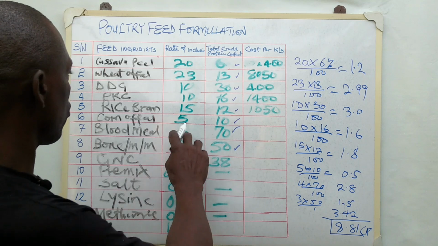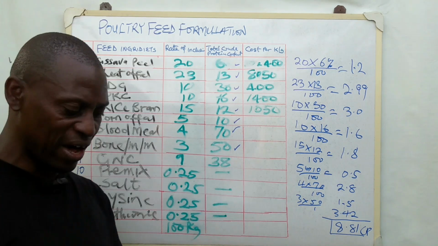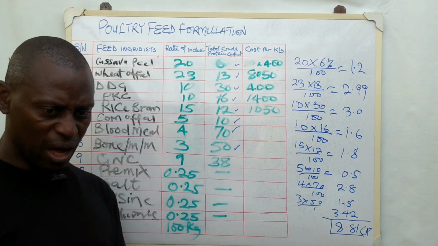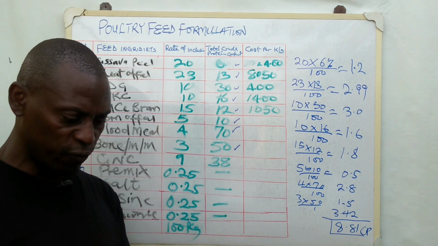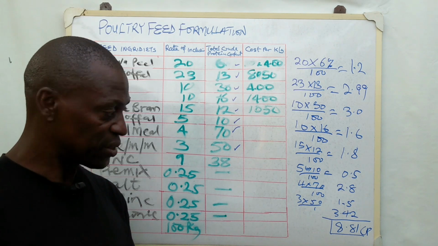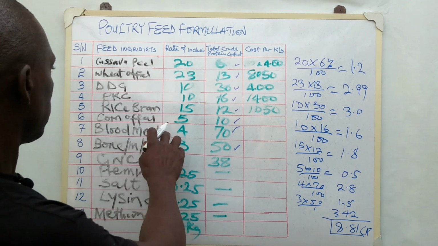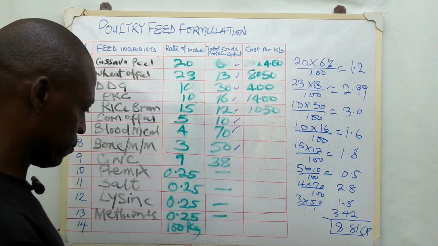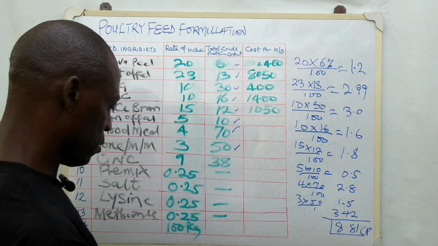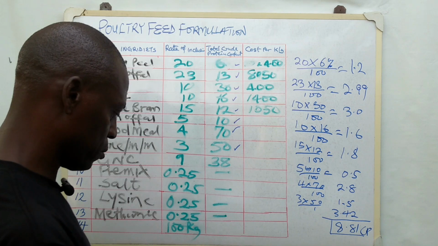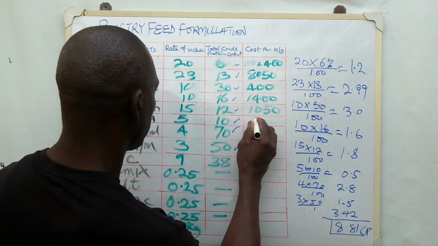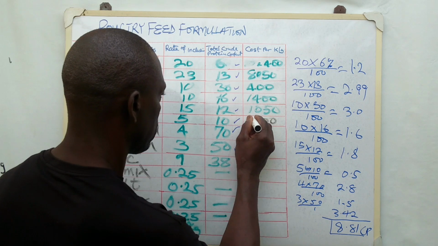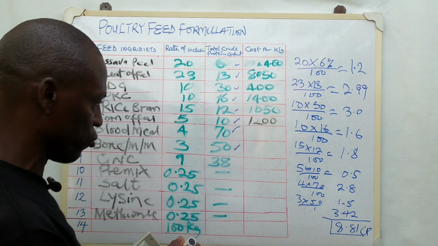Then we have another one here, corn offal. Our corn offal here is 240 naira per kilo. 240 times 5 will give us 1,200.